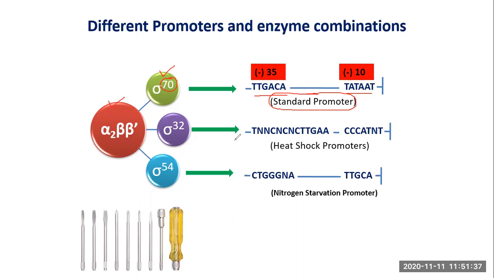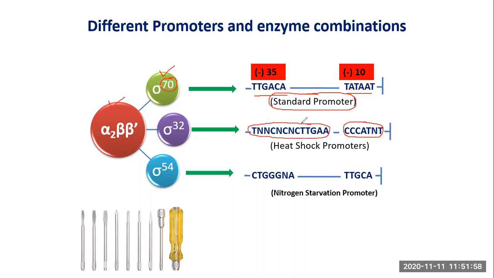But as I said, you have some promoters where the consensus sequences are different, and these promoters govern different sets of genes. For example, there is a group of heat shock genes, and the promoter is different in the sense that the -10 consensus sequence is this, whereas the -35 consensus sequence is this.